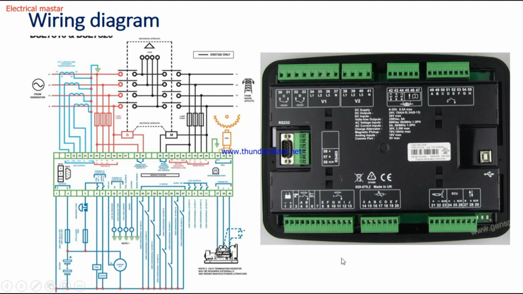So with the sensor module, the NO contact will have the negative output only. So the negative will be connected to A, B, C. A is used for the low oil pressure sensor, B is used for the coolant temperature high sensor, and C is used for the low fuel sensor. So these are the terminal pins that we need to connect to the diesel generator.